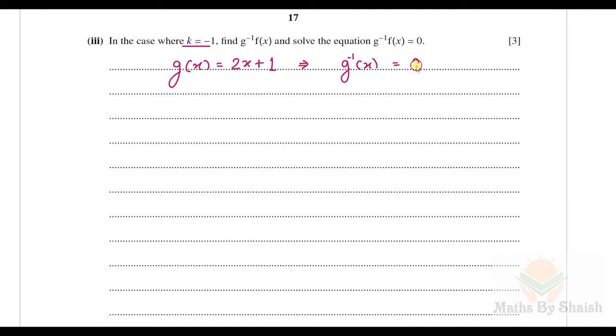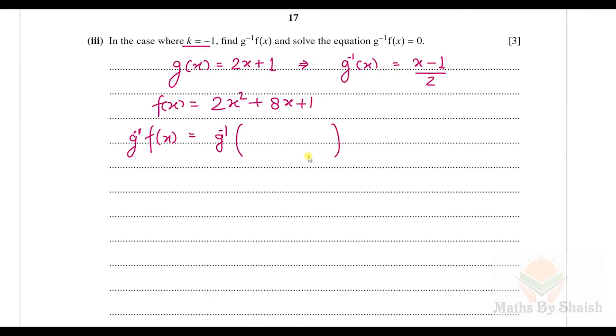We can follow the steps also, because we know once we write this as y is equal to 2x plus 1, then y minus 1 is equal to 2x, and hence x is equal to (y minus 1) over 2, and that is the g inverse of x. And f(x) I'll write again, f(x) is equal to 2x square plus 8x plus 1. So g inverse f of x will be g inverse, and let's find the value for x in this case.